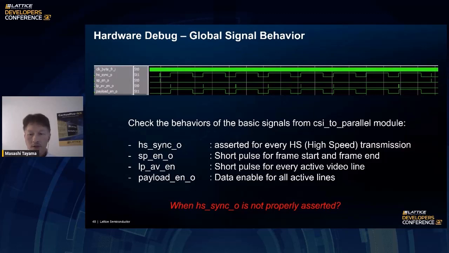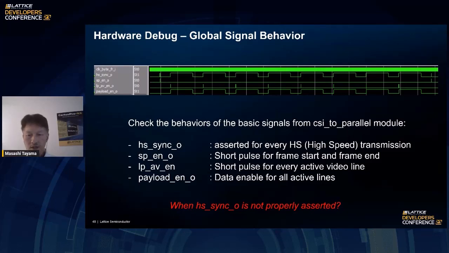There exist some key signals you can check as RxDPHY output. HS-sync is an indicator to show high-speed MIPI data transmission. This must be asserted for every short and long packet transmission. SPEN is a short packet enable, so it must be asserted twice per every 1 frame period.